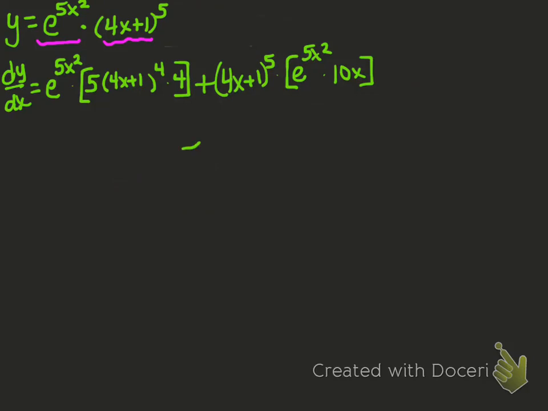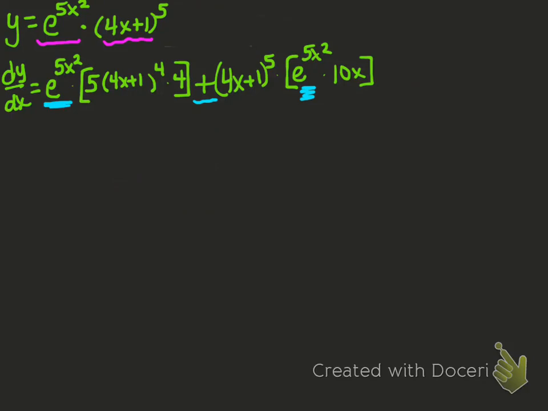Now simplifying this, there's a couple different ways you can go. And it kind of depends on what multiple choice answers look like. But notice we've got a plus sign here in the middle that's separating two terms, and both of those terms have an e to the 5x squared.